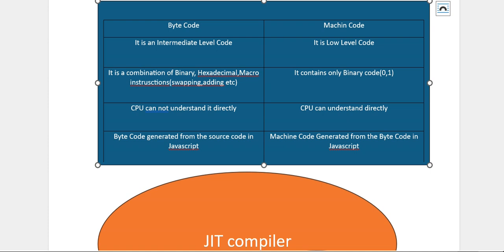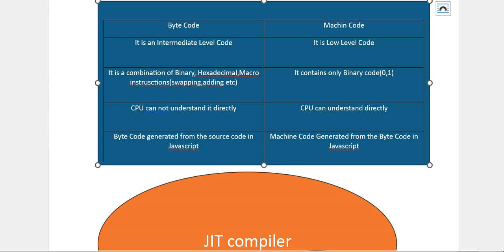So hello. In this video, we are going to discuss bytecode and machine code. In the previous video, we discussed the JIT compiler, interpreter, and compiler, and how they are used by the V8 engine.